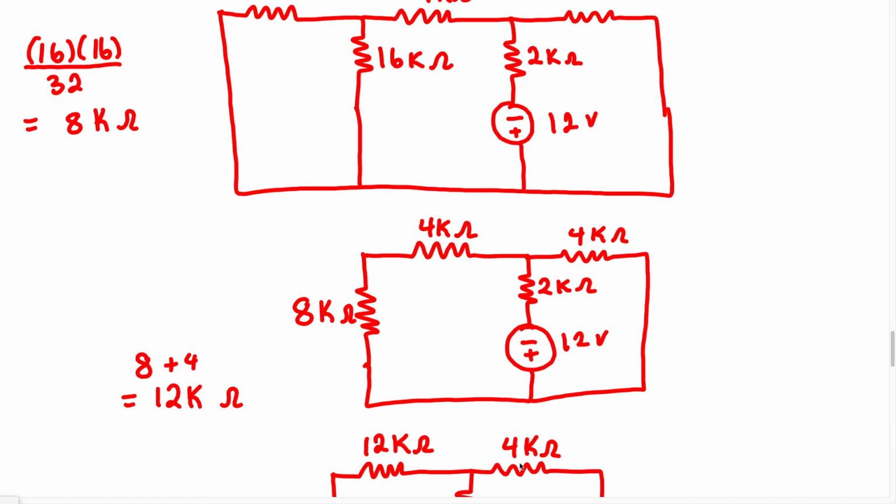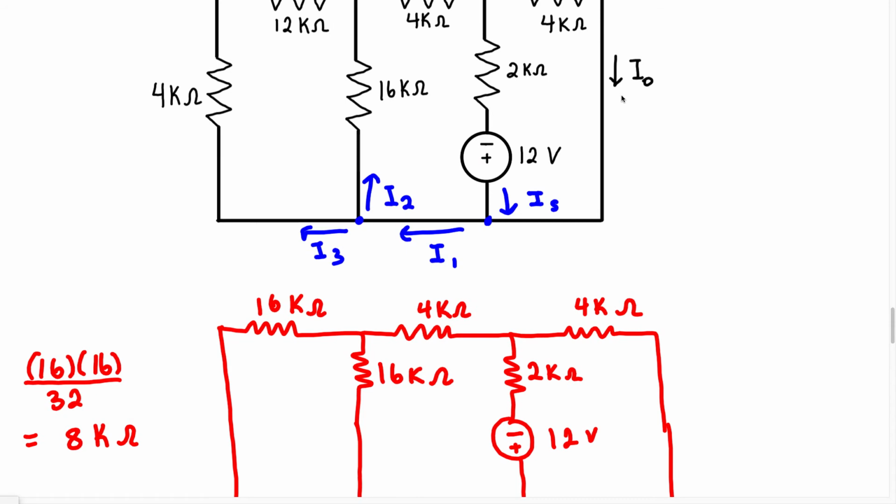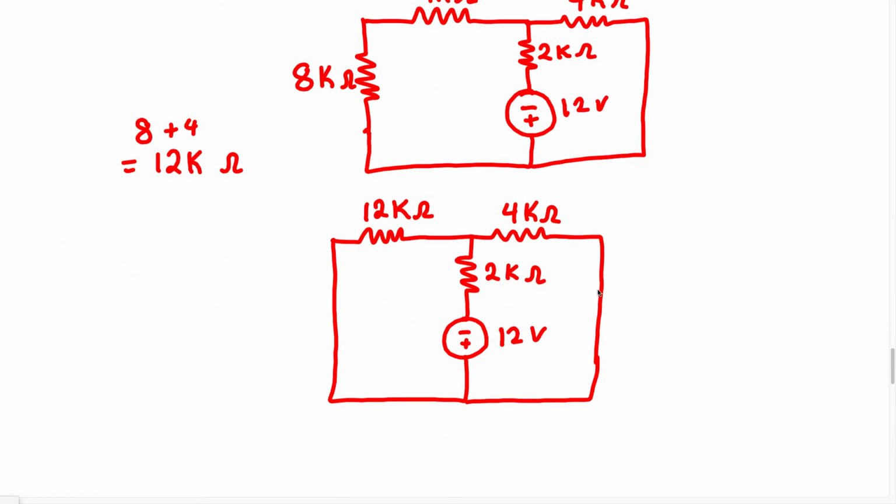Now when we look at this, they want us to find the current Io, which is going to be in this branch here. Now I want us to notice something, that these resistors are all in parallel.